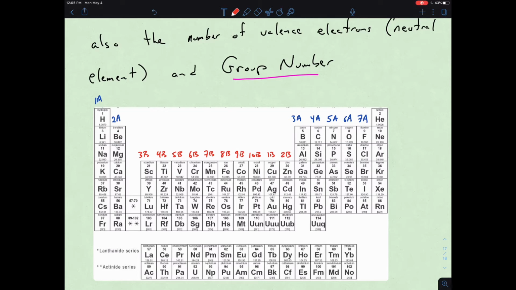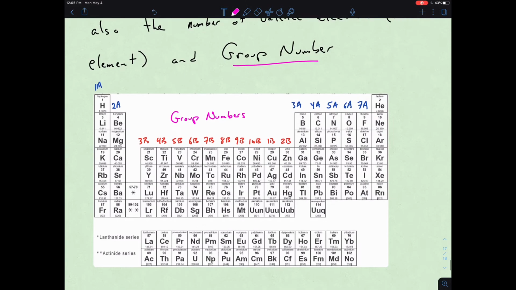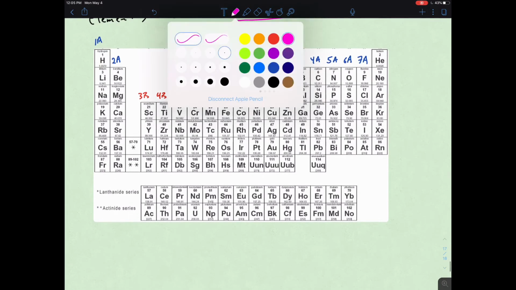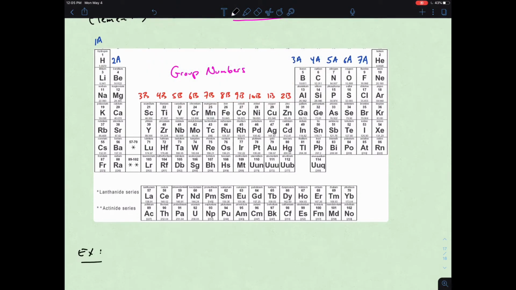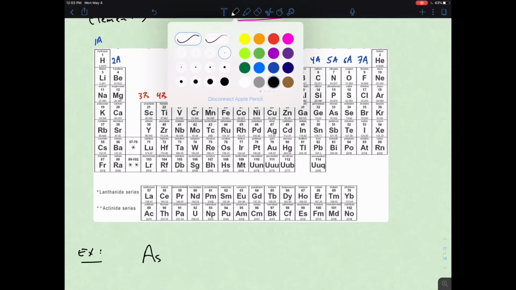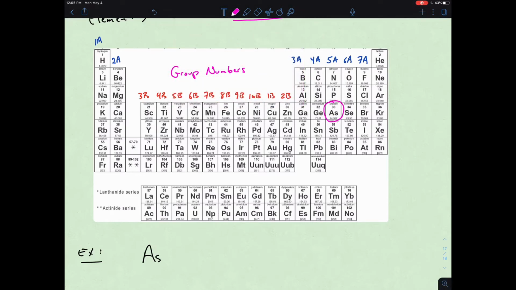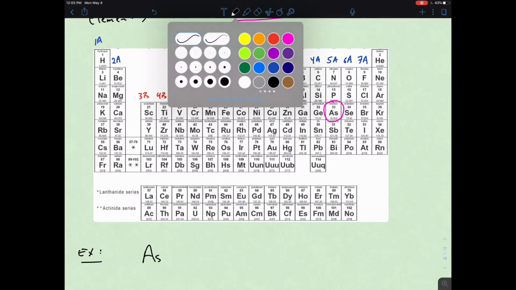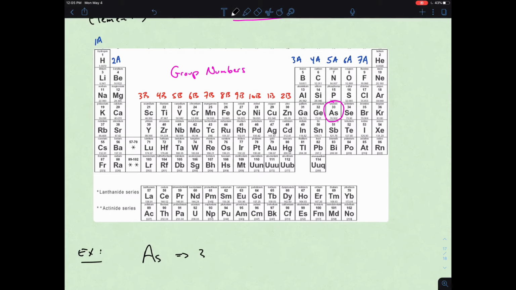Right, in terms of the group numbers. And so if we were to look at now this idea of, let's say, arsenic. It's right here on the periodic table. Right, arsenic has 33 electrons.